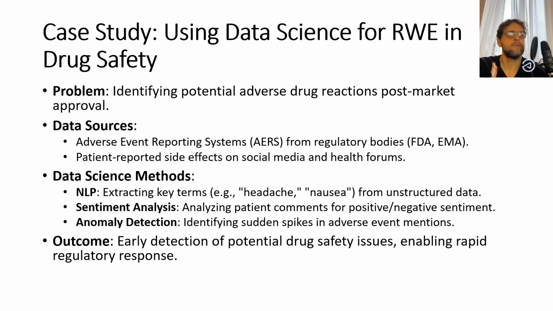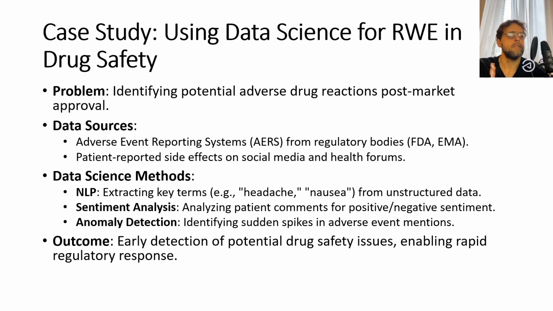Some examples of case studies of how this is being used in practice. For example, in relation to drug safety, we need to identify potential adverse drug reactions after post-market approval. Data sources will be adverse event reporting systems from regulatory bodies. It will be patient-reported data on side effects from social media and relevant forums or networks.